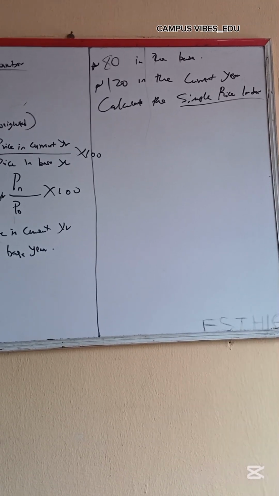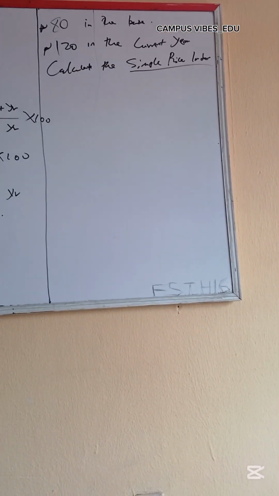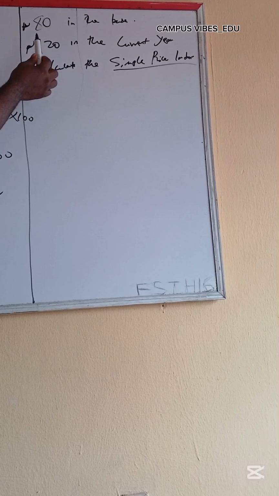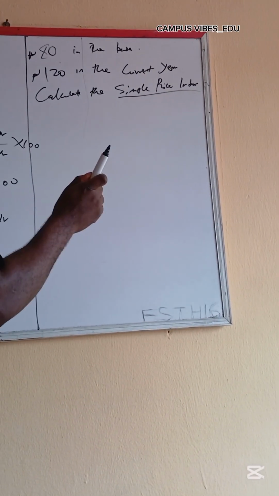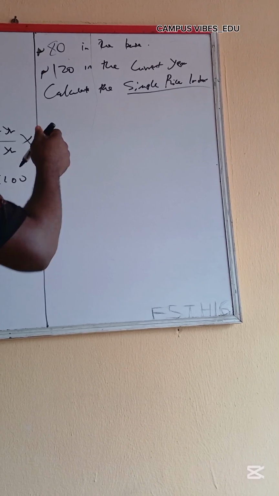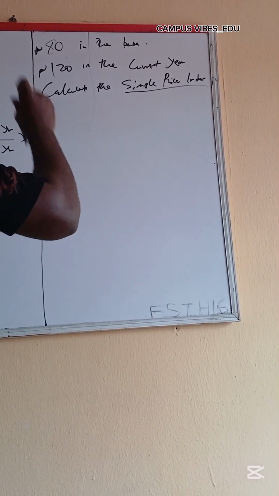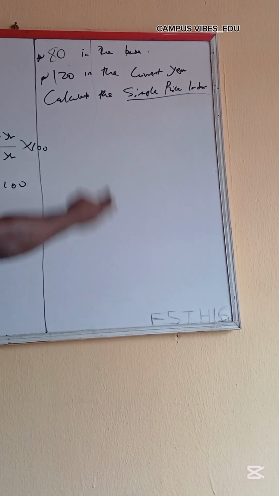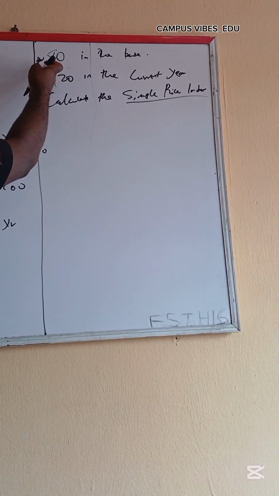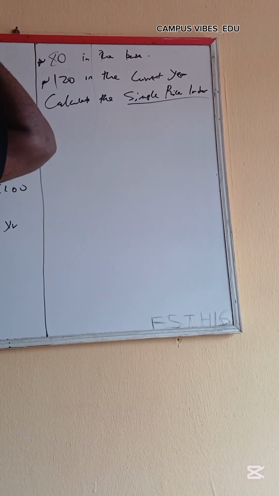In that question, the base year is 2005. The current year is 2025, because we are currently in 2025. The year that we are comparing it with is far back, 2005.